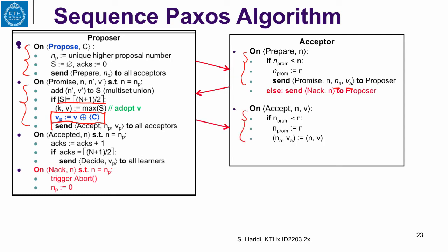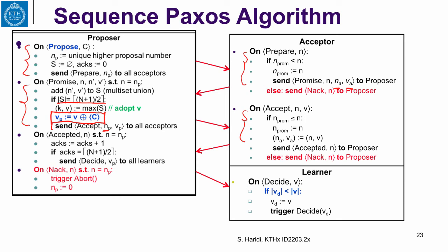The sequence could be accepted if the proposal number is still the highest one. There is no other proposal promised by any acceptors. And in this case, if you collect a majority of the so-called accepted messages, this is like an acknowledgement message, if you collect a majority of these, then you know that there's a majority of acceptors that accepted this sequence, and you can decide.